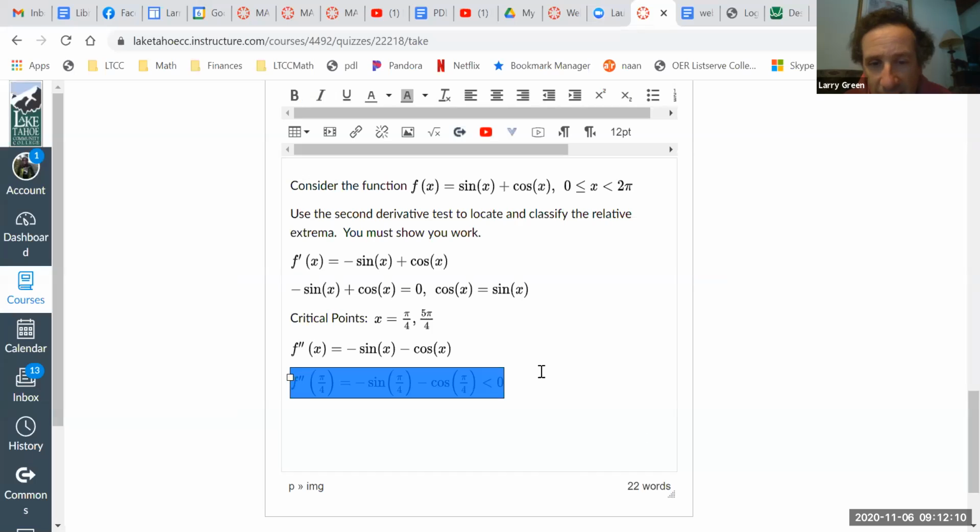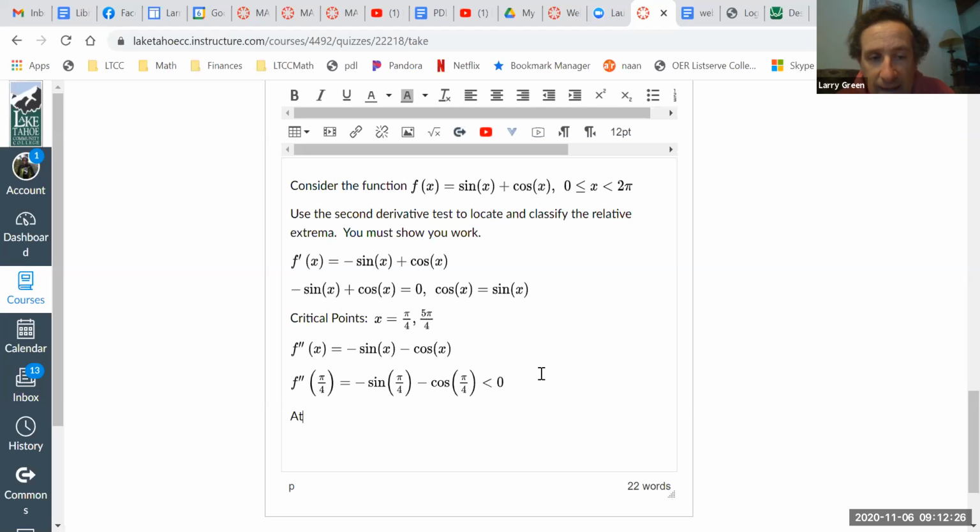All right, so now we can use the second derivative test and make our conclusion about x equal pi over 4 being a max or a min, or we don't know. So what can we say?